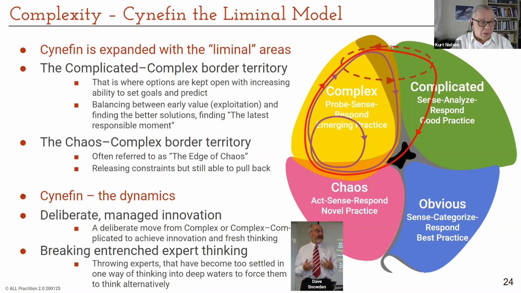And then the final one, we talked about the little curly bit down at the bottom that's called the edge, that's called the zone of complacency. It's sort of an odd thing, but what Snowden means with it is that if you overdo your categorization and your structuring of things and you're putting things on checklists and best practices, what happens is you move close to the edge between chaos and obvious, and people get focused on rules.